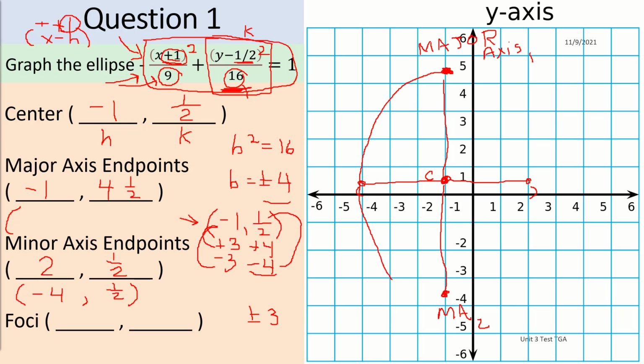And then we'll kind of sketch those together with a smooth curve. It's not going to be diamond shaped, it's going to be elliptical shaped. Don't forget to label the points. I'll call that minor 1 and minor 2.